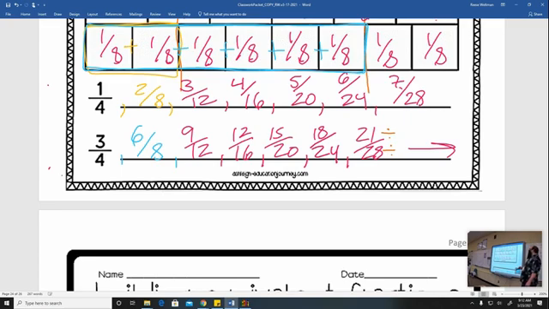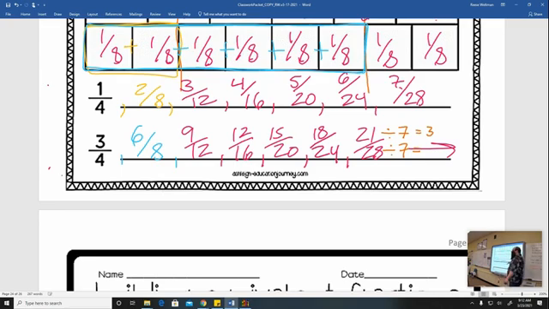What's 21? What is 21? First, what's 21 divided by 3? 7. So then what's 21 divided by 7? 3. Well, it's 28 divided by 7.